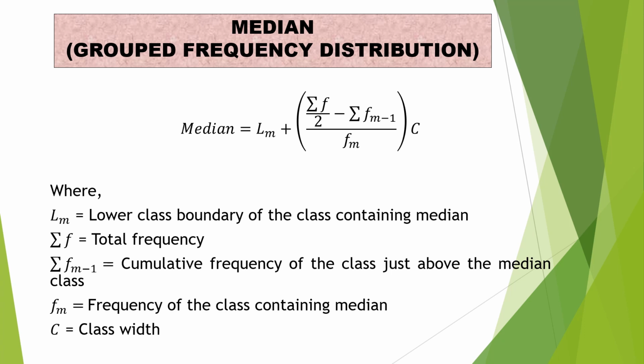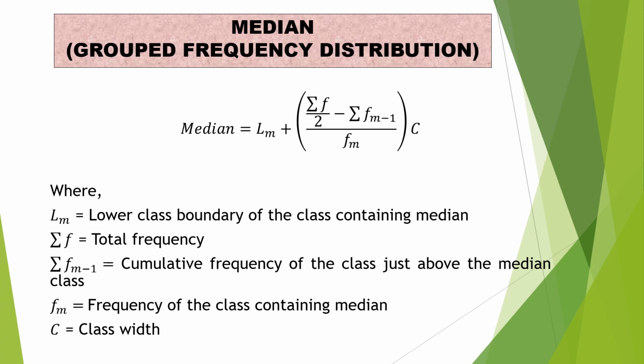Minus the cumulative frequency of the class just above the median class, and then divide by f_M. The small letter f stands for the frequency of the class containing the median, and then times C. C refers to class width.